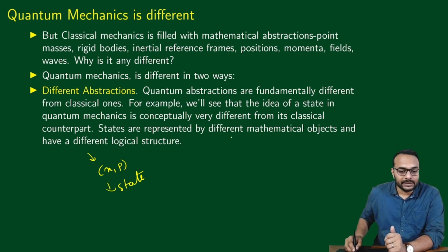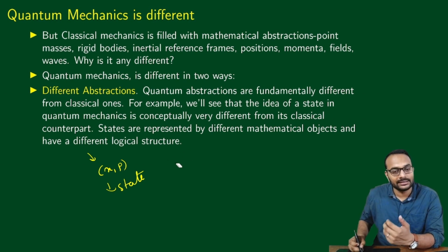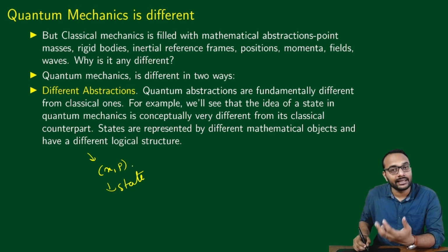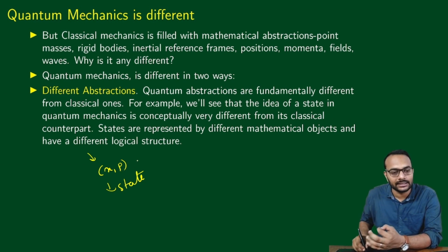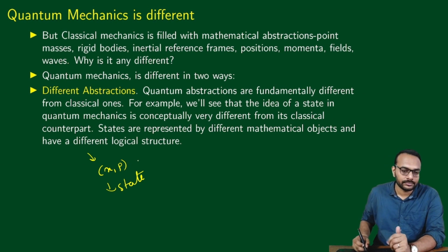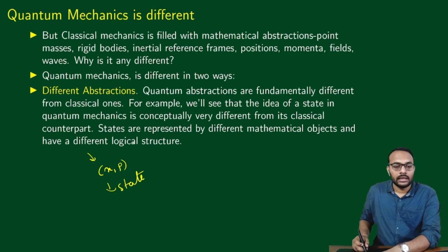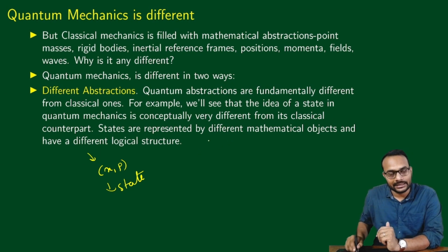And states are represented by different mathematical objects, not position and momenta, but some things that we call wave functions. Okay, these are entirely different from anything like a position and momentum or their generalization. Okay, so you cannot get a wave function by generalizing a position and momentum. All right. And the states are represented by different mathematical objects and have a completely different logical structure.